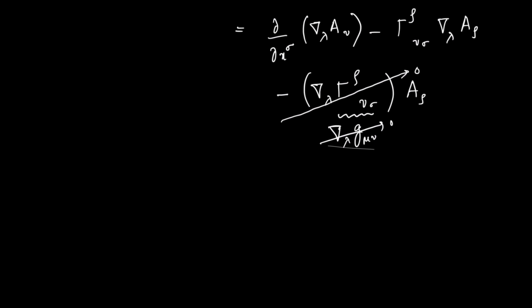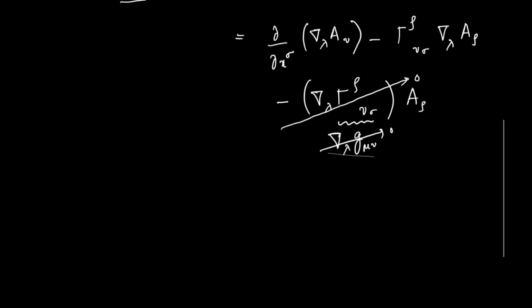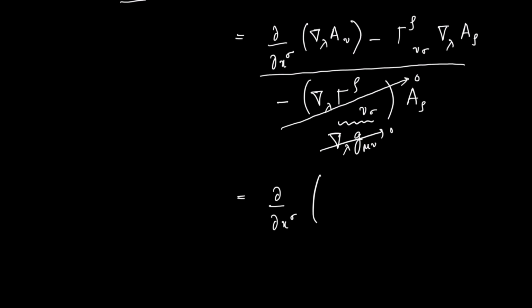So here you have only two terms, right? Now I have to expand the covariant derivative of A nu with respect to lambda. That will be the partial derivative of A nu with respect to x lambda minus Christoffel symbol mu nu lambda A mu.